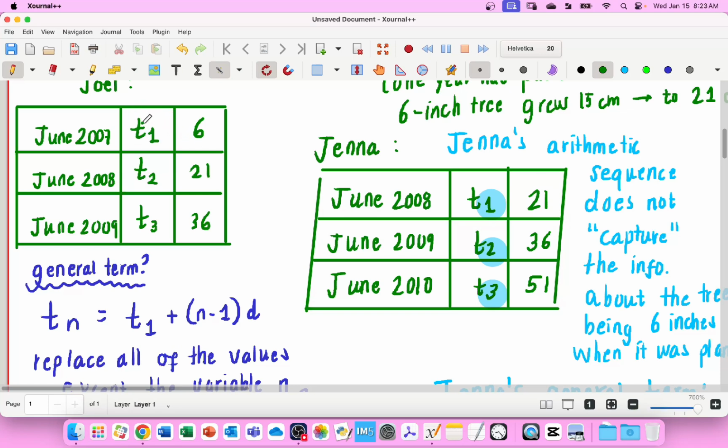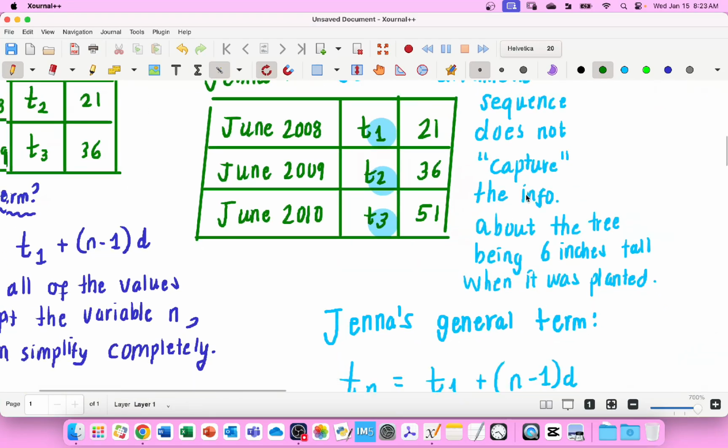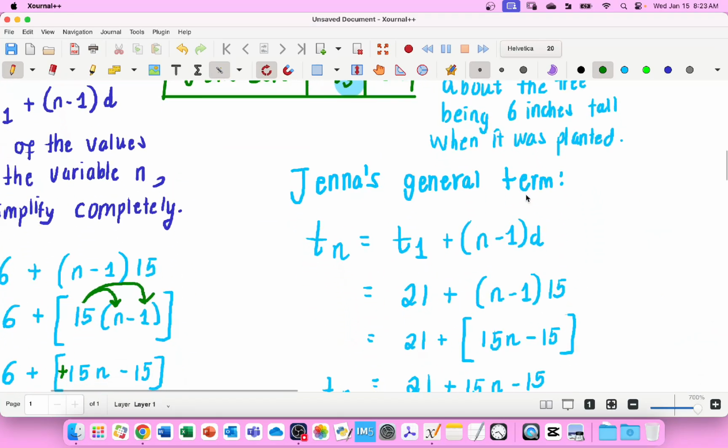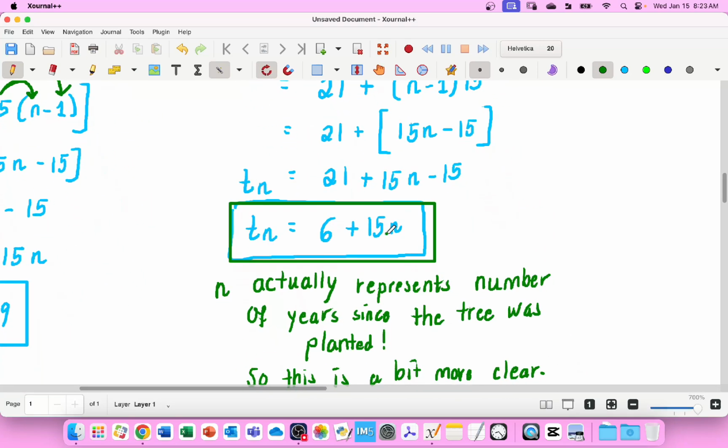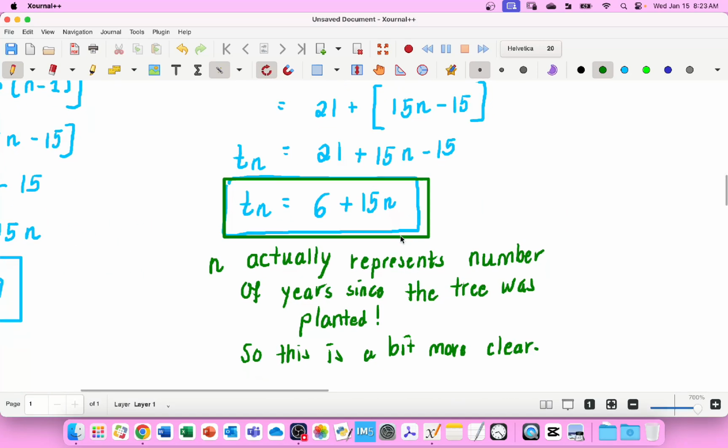That first day that the tree was planted, when it was 6 inches, a year hadn't passed. That was like day 0, right? So here n just shows a position in the sequence, but it doesn't have as clear a meaning. Over here, n actually means number of years since the tree was planted.